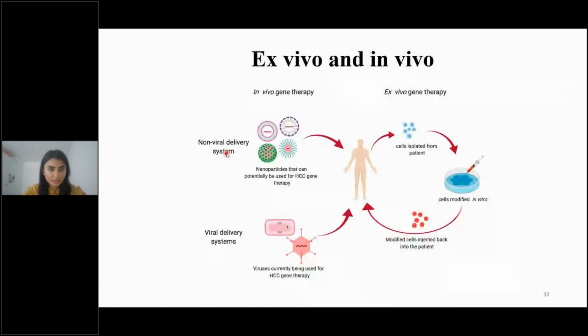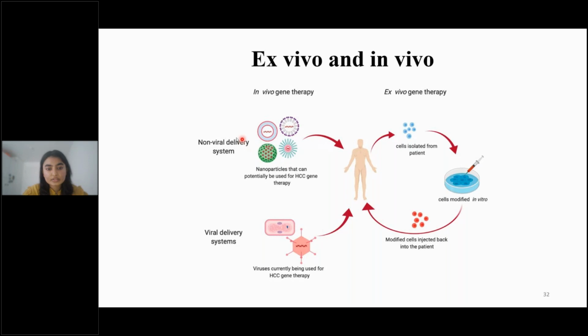There are two types of gene therapy, ex vivo and in vivo. In vivo, we use a non-viral delivery system, which means, as the name says, we are not going to use virus. We are going to use nanoparticles, inside which there will be DNA. Here you can see there is DNA and a myelin sheath.